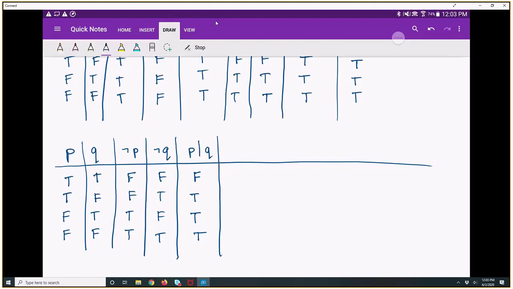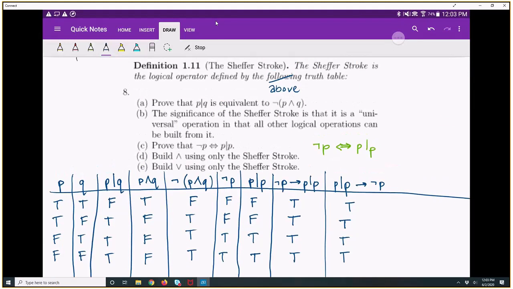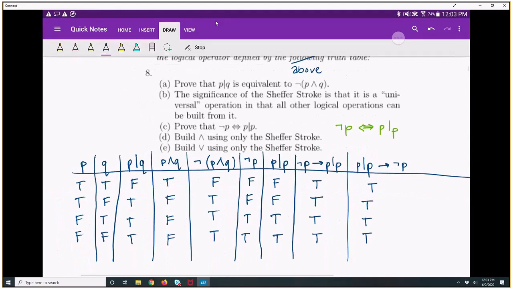And I was asked to build conjunction using only this stroke. Well, I know something already about how conjunction is related.